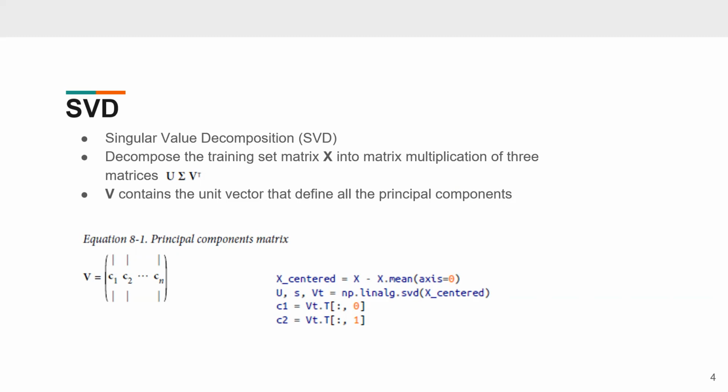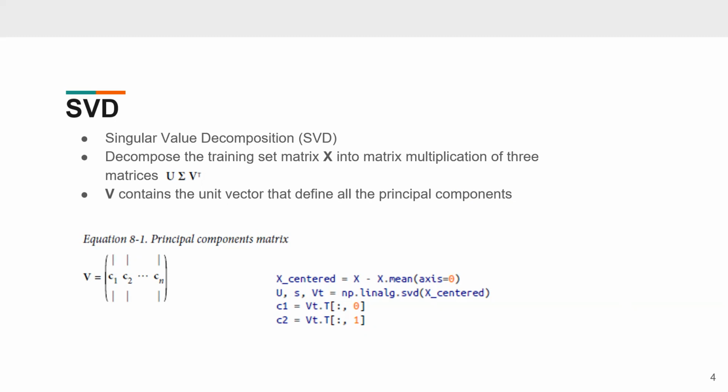We're not actually going to discuss exactly how you would do that and what the underlying theory is, but it's really coming from linear algebra. If you are interested, you can search SVD and try to understand why X can be decomposed into three matrices. And it happens that in these three matrices, one of them, V, contains the unit vectors that define all the principal components.